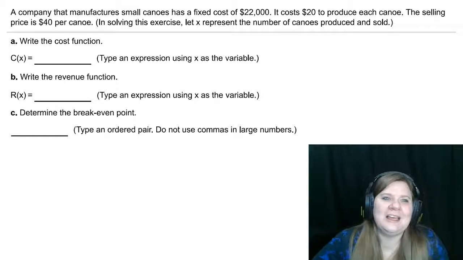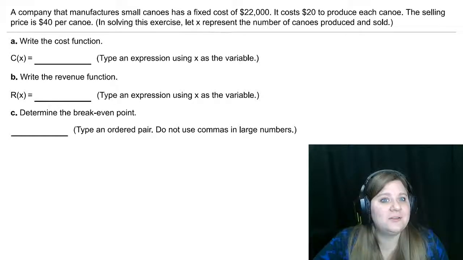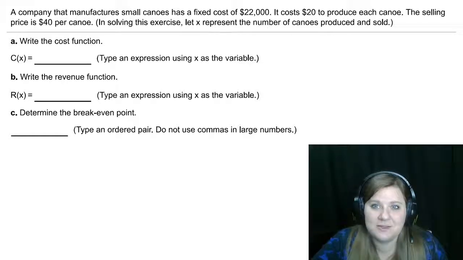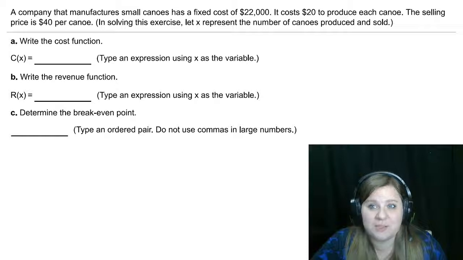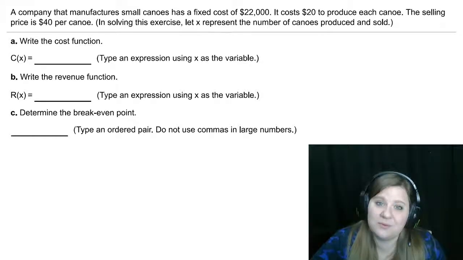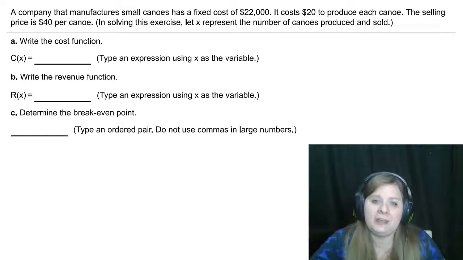So if we have a manufacturer who creates small canoes and they have a fixed cost of $22,000 and it costs $20 to produce each canoe, and each canoe can be sold for $40, okay? I want you to find the cost function, the revenue function, and the break-even point.